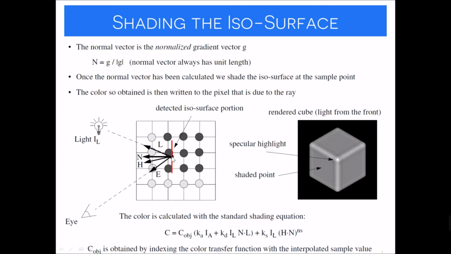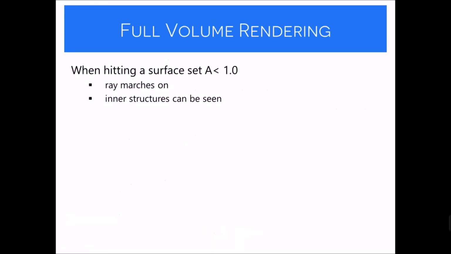So far, hopefully it is clear how you do this. So now comes full volume rendering. Full rendering is the case where you don't stop at the isosurface. In the case where you stop at a surface, you do some shading, but you don't stop if your alpha is not yet close to 1.0. Then you just march on. What this will give you is structures that are somewhat transparent.